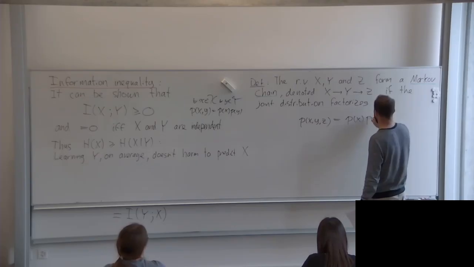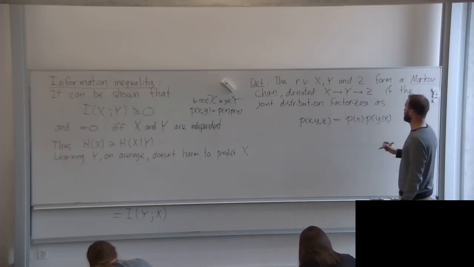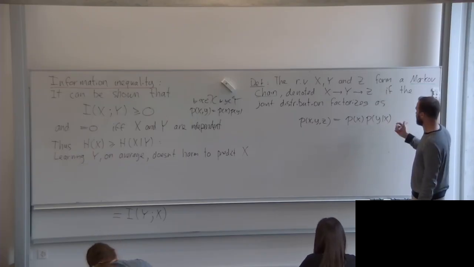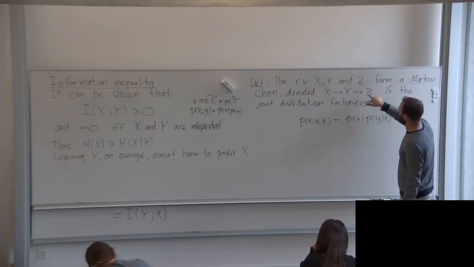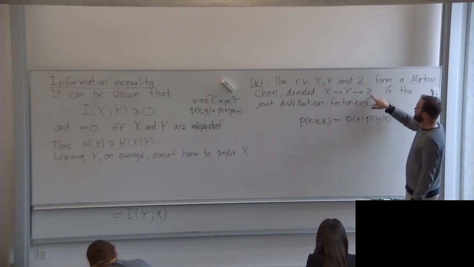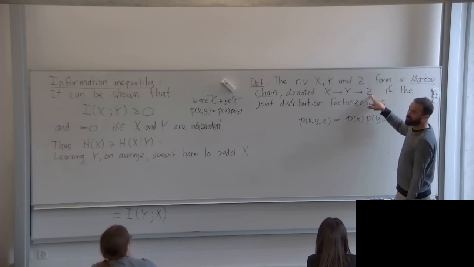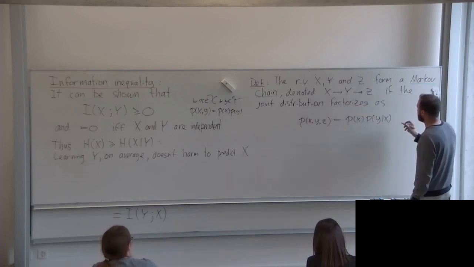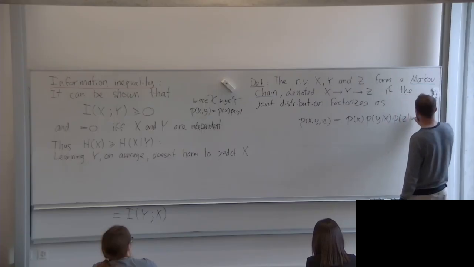And then y will depend on x. So P of y given x. In fact, this equation always holds for P of xy. But then what this diagram means is that z, if it depends on x, it's only via y. So P of z given y.